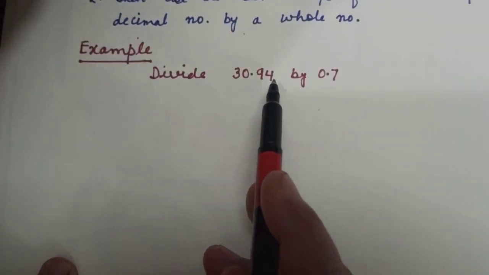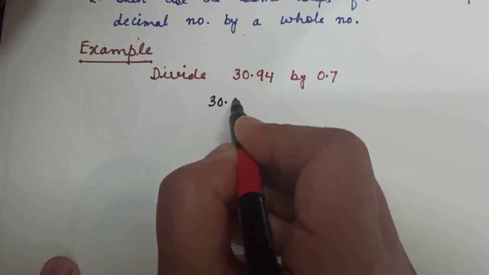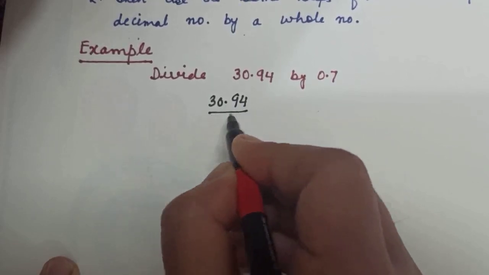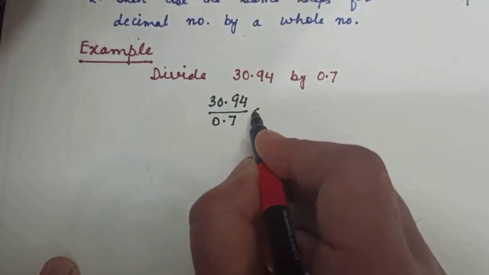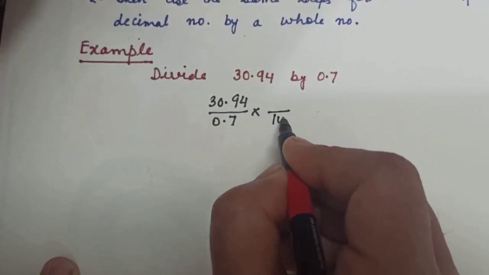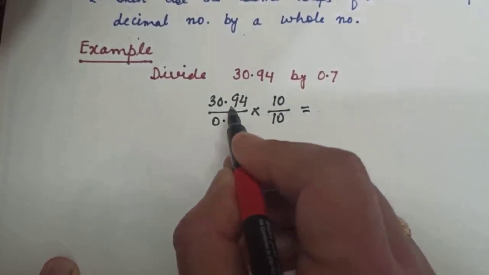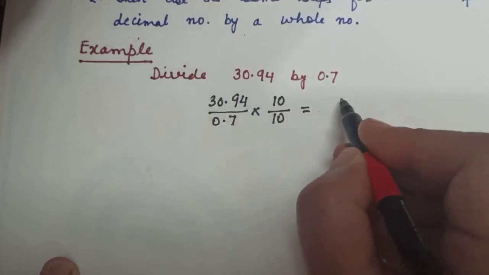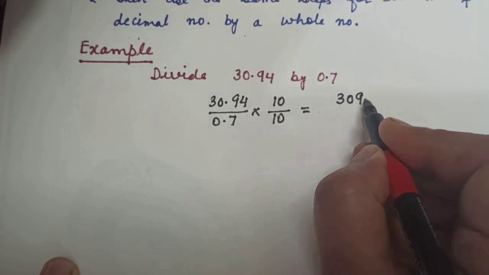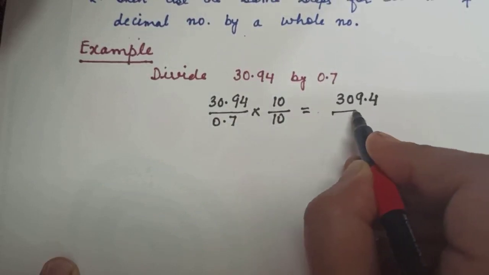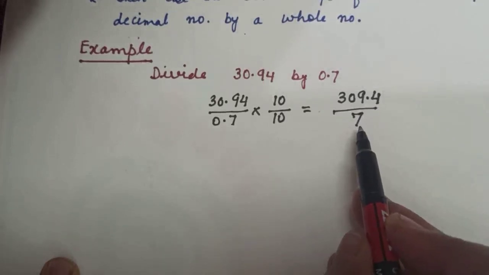Divide 30.94 by 0.7. So we can write it as 30.94 upon 0.7. Now in the denominator we get only one decimal place, so it means this will be multiplied by 10 here and 10 above also. So now when we multiply by 10, the decimal will shift one digit towards right. You all know this. We have done it in multiplication. Alright. Now our divisor is 7.